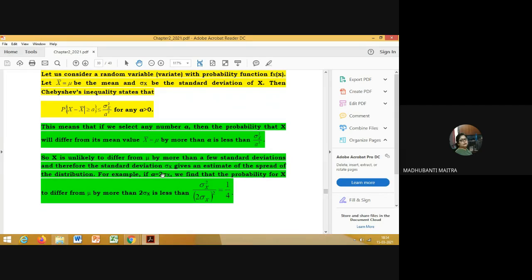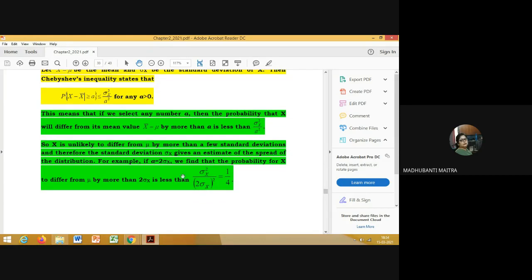So this means that if we select any number a, then the probability that x will deviate from its mean value, x bar equal to mu, by more than a, is less than sigma x square by a square. So x is unlikely to differ from mu by more than a few standard deviations, and therefore the standard deviation sigma x gives an estimate of the spread of the distribution.